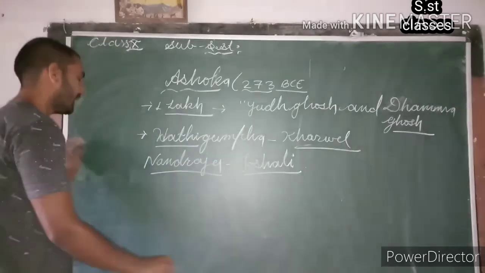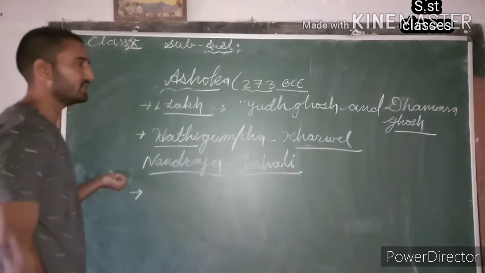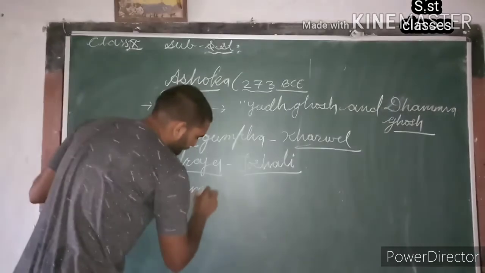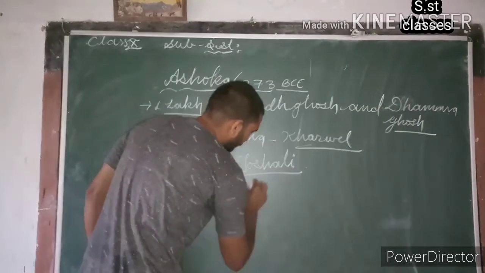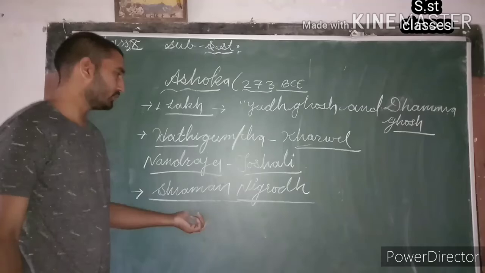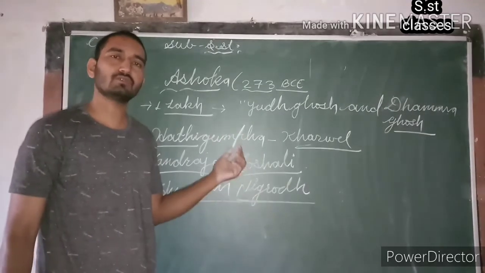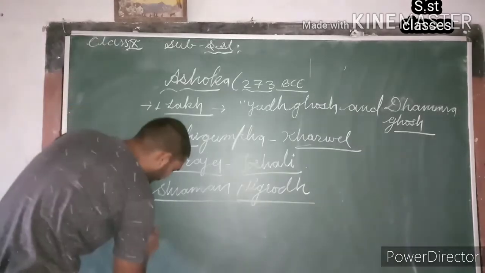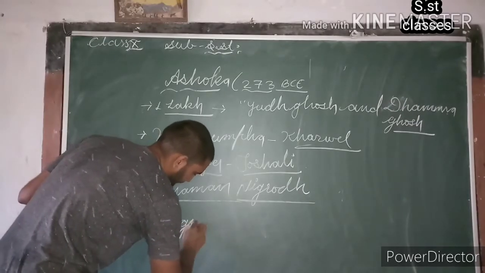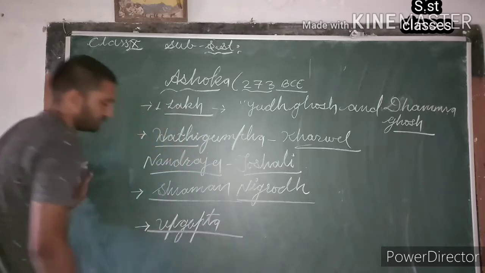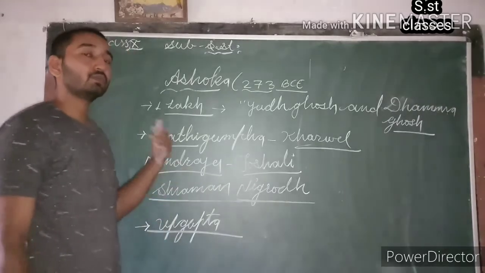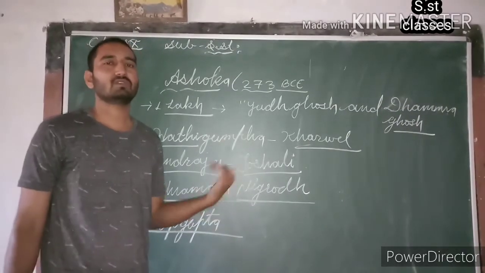Is that clear? Okay. After that, according to some Buddhist texts, Shraman Nigrodha was the Buddhist monk who persuaded Ashoka to join Buddhism, and according to Divyavadana, Upagupta was the Buddhist monk who persuaded Ashoka to join Buddhism.